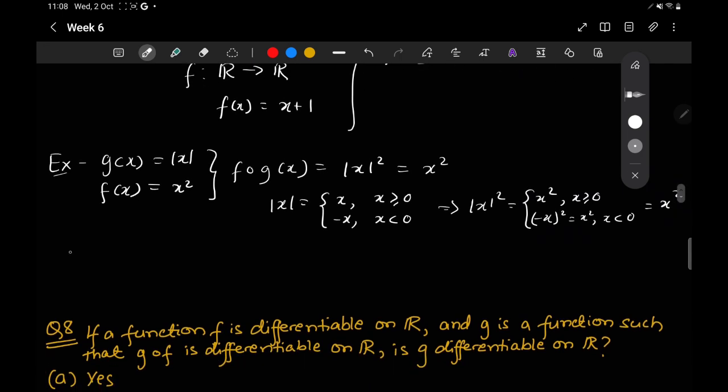Now in this example we see that f is differentiable because x squared is differentiable. We see that FOG is x squared, which is also differentiable. F and FOG are both the same over here.